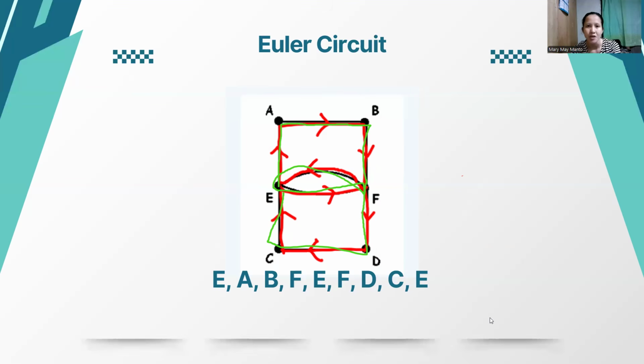Say, for example, you are going home to your mother. You have to pass this road, but once you pass, you cannot go back and forth, and you have to go back home. So that's an example of tracing an Euler circuit. You travel the edges once only. You cannot go back to an edge twice, but you start and end at the same vertex.